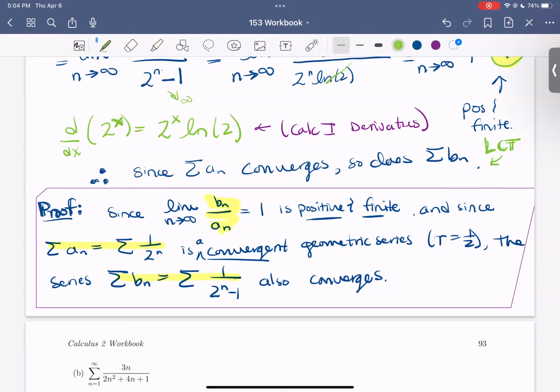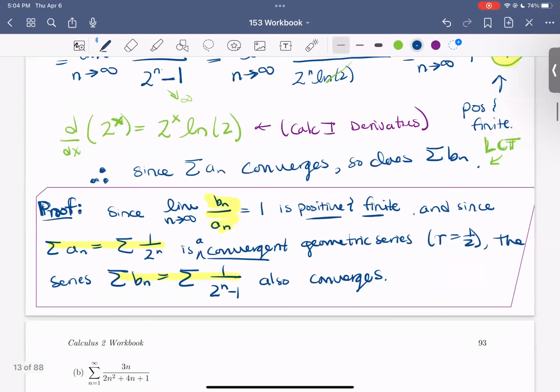Maybe I should include a little bit more here. So we might want to say this series also converges. How do we know? By the limit comparison test. There we go. So now we've included what theorem or fact we are using to justify that final result.